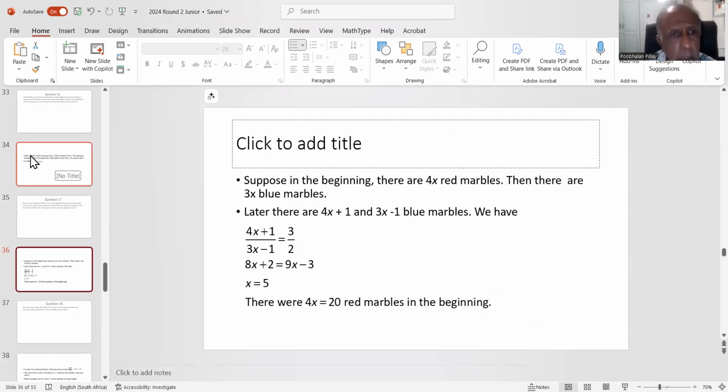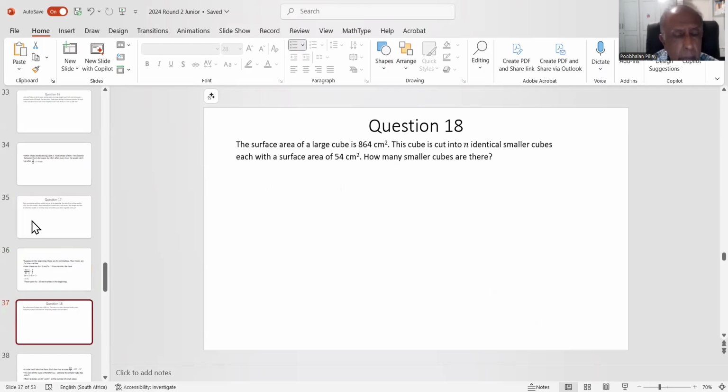So let's now get on to the next problem. Go to question 18. Question 18 starts off by saying the surface area of a large cube R. Now it's a cube, so all the sides are equal. The surface area is 864.